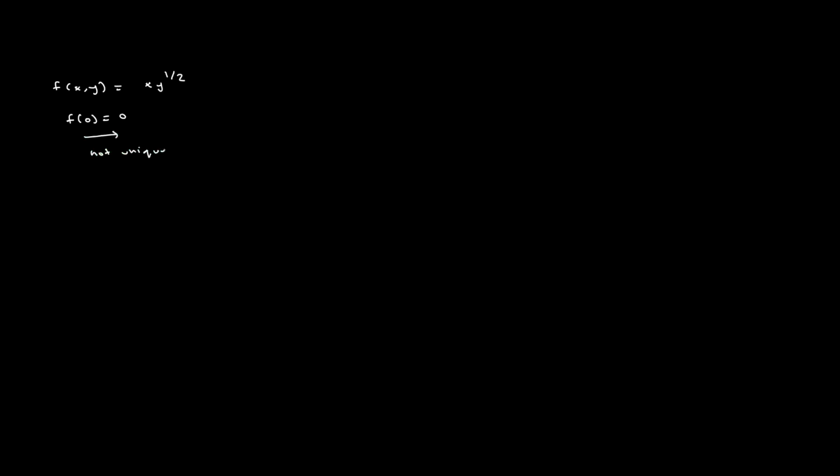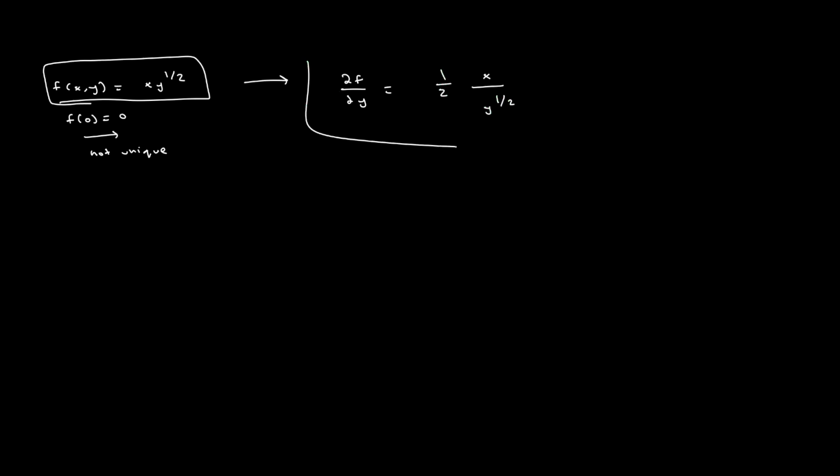But when is this solution unique is the question we're trying to ask. So let's find the partial with respect to y. That's simply equal to x divided by y to the power of 1/2, times 1/2. Okay, and so this function is continuous on 0 to infinity or negative infinity to 0.